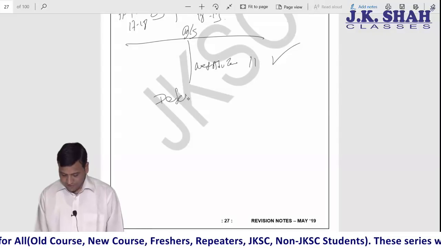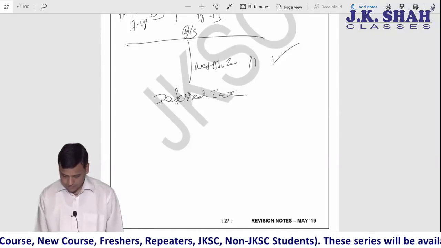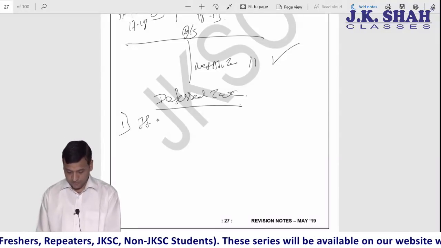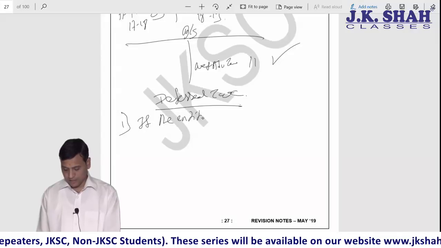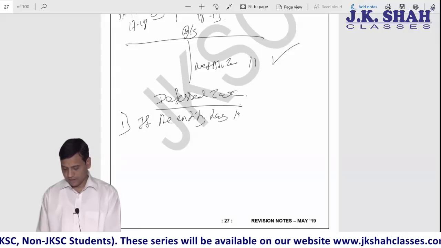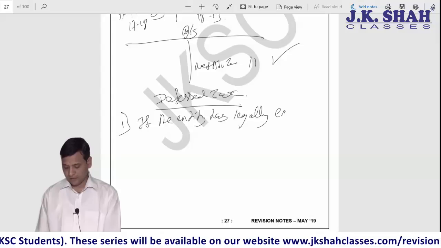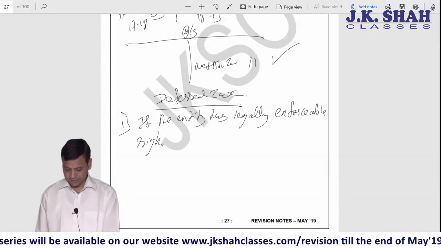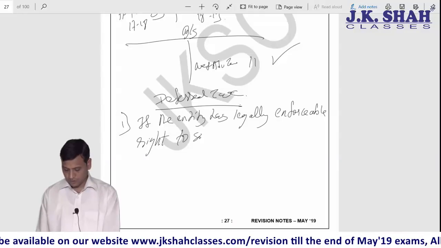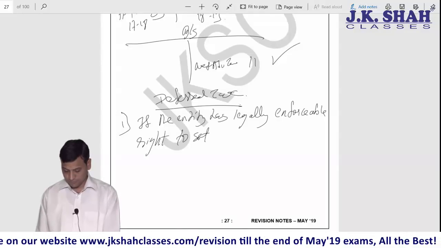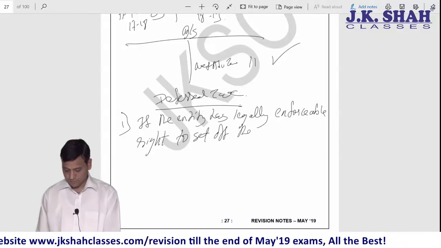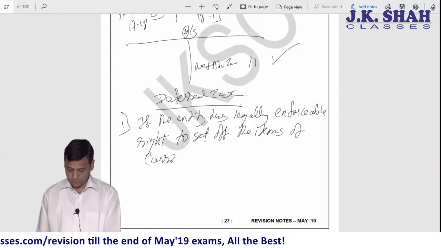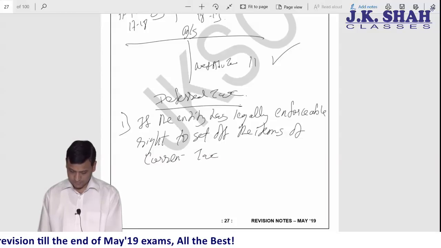As far as deferred tax is concerned, of course, it can be offsetted if the entity has legally enforceable right to set off the items of current tax.